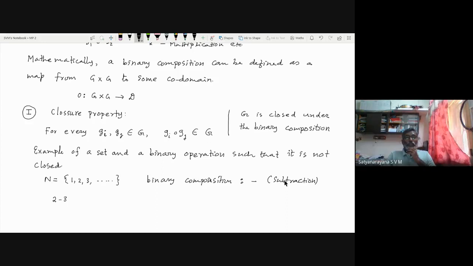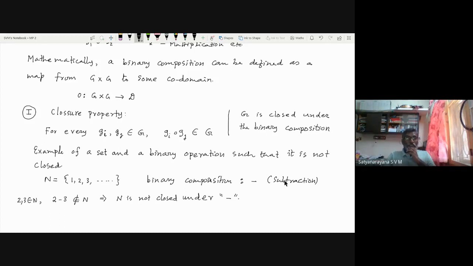Okay, 2 and 3 are in N, but 2 minus 3 is not in N. So that implies what? That implies N is not closed. N is not closed under this operation minus.